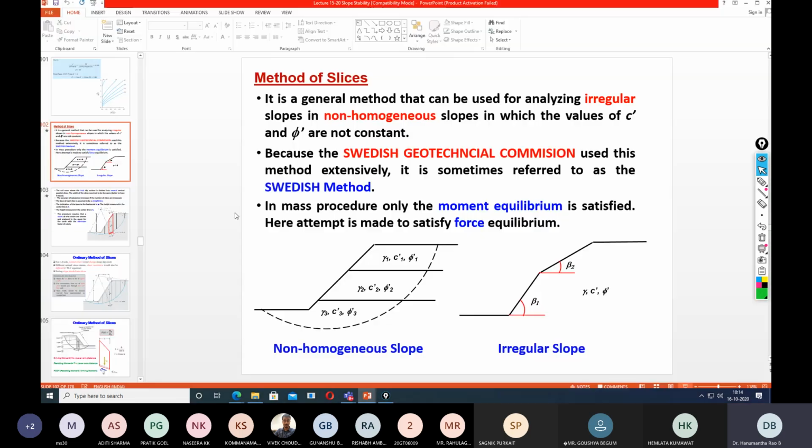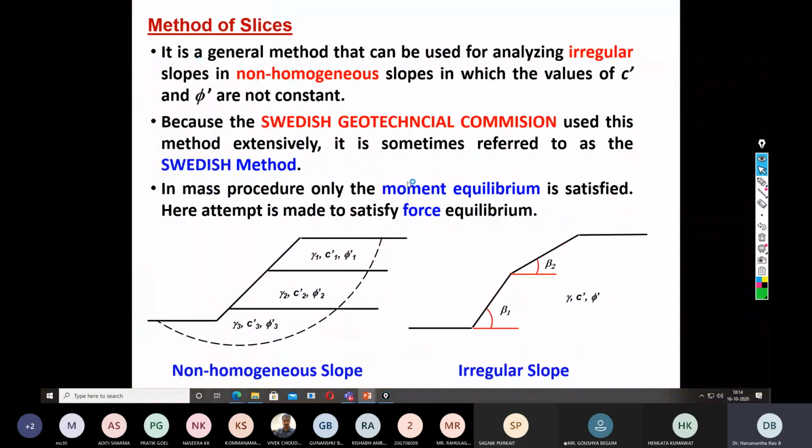Okay, so in all previous classes we were discussing analyzing the slopes. But if you look very carefully, in all these cases, whether the c-phi analysis, the phi equals 0 analysis, or when you dealt with the Taylor stability number, we made an assumption that all the slopes are homogeneous and made of a single soil.